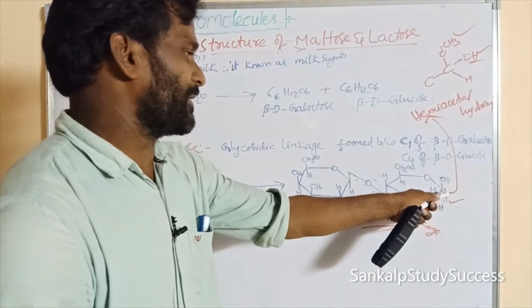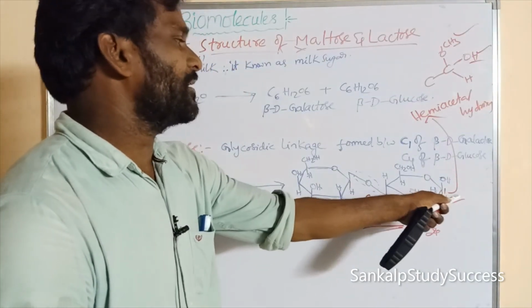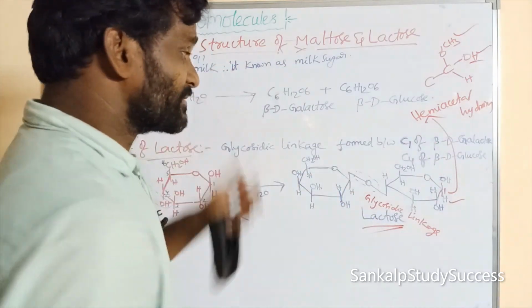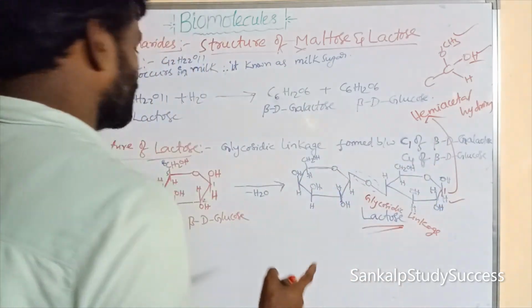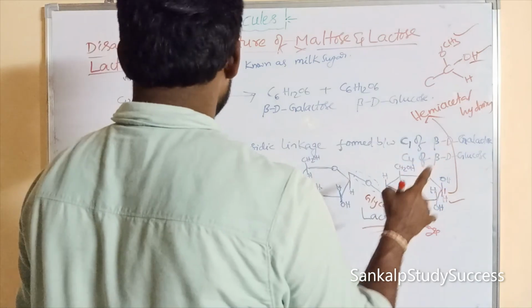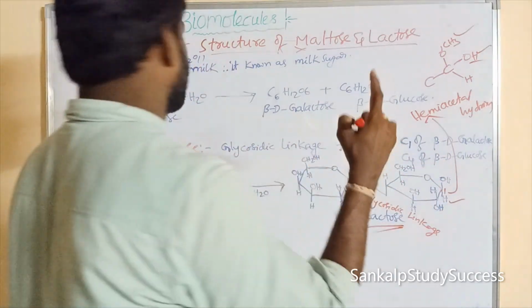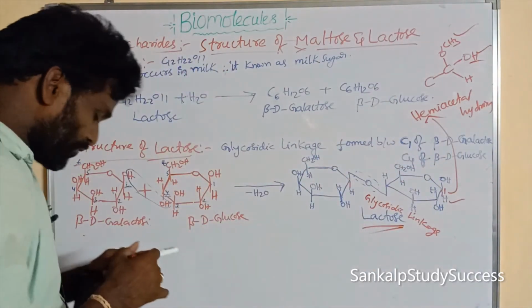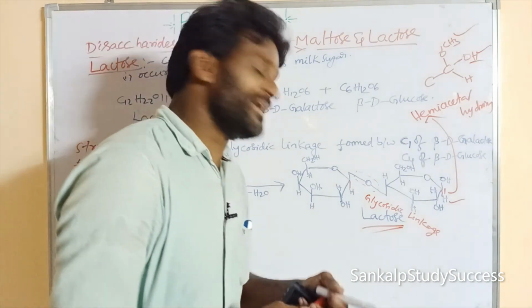So it gives the Tollens reagent test and the Fehling solution test, that is, it acts as a reducing sugar. So lactose acts as a reducing sugar.